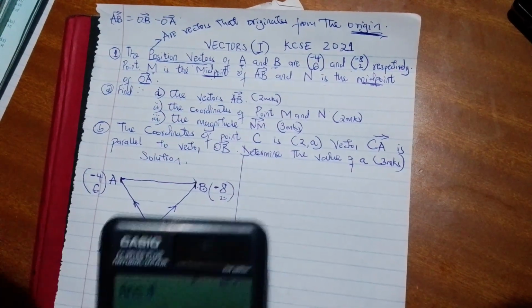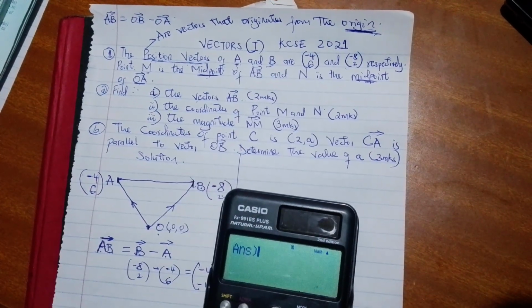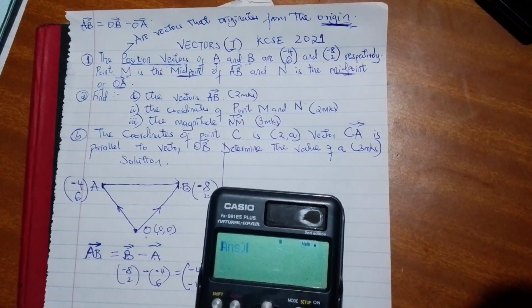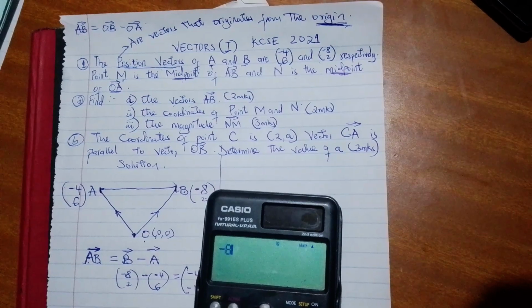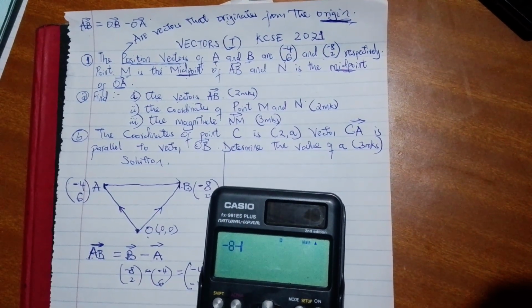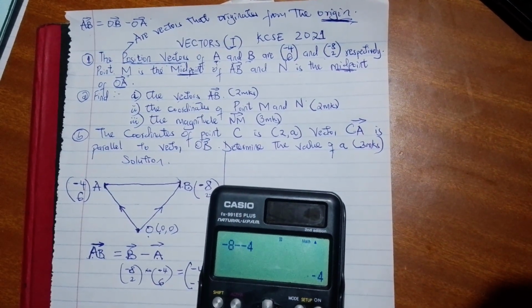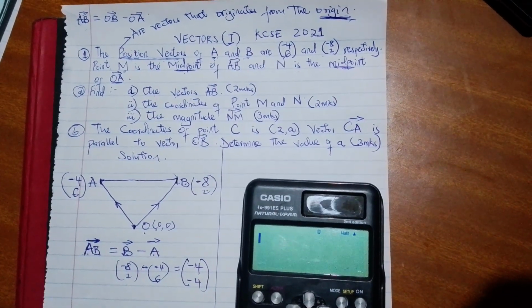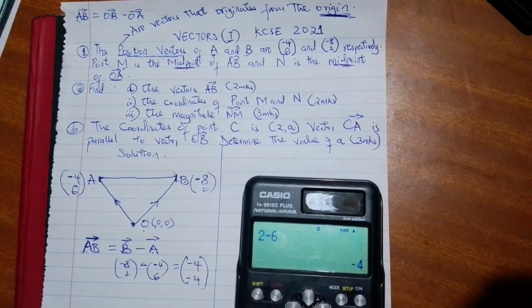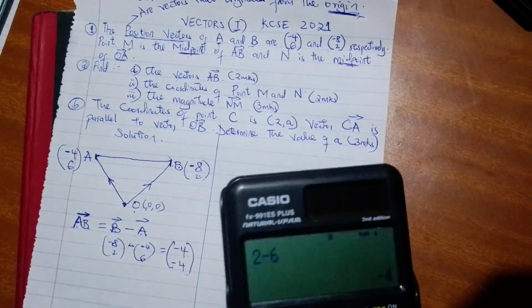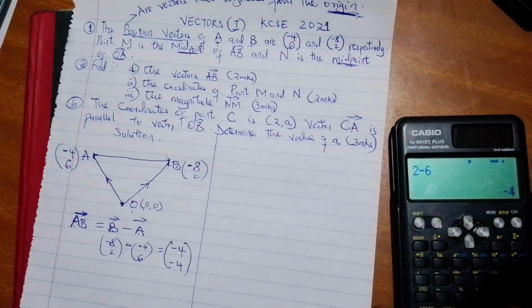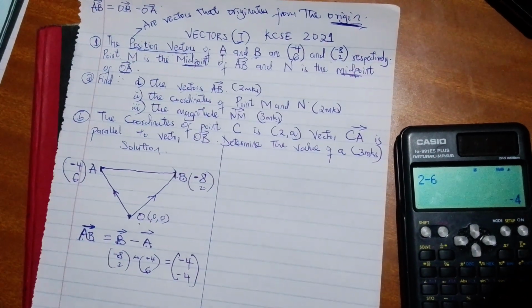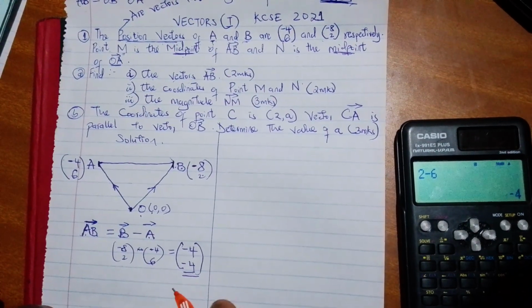Don't assume that you know everything, or you will make mistakes that can be avoided. So -8 minus negative 4, what do you get? You get negative 4, meaning this is true. Then 2 minus 6 is also negative 4. The calculator is there for confirmation. So that is the first bit of the question.